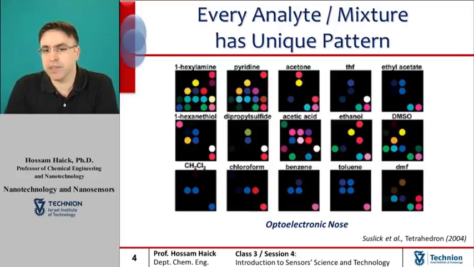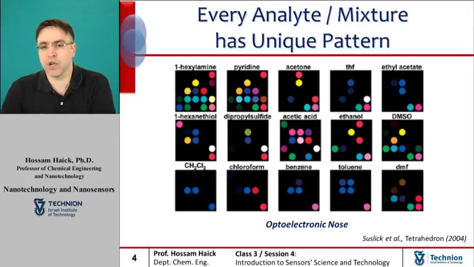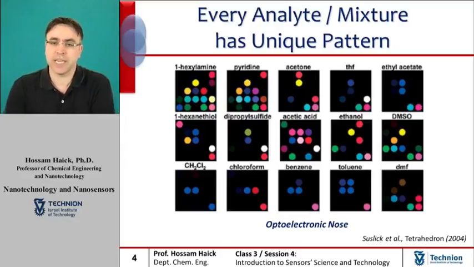As an example of the electronic nose concept, I present here in this slide the so-called optoelectronic nose. This device looks a bit like a computer chip covered with neat rows of dots. Each dot contains a chemical dye, and some of these dyes are made of materials that change color to show how acidic or basic a chemical is.